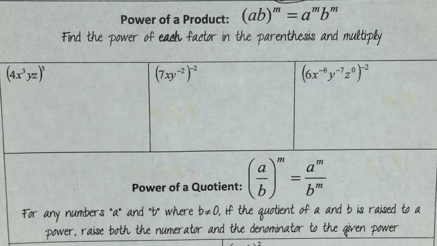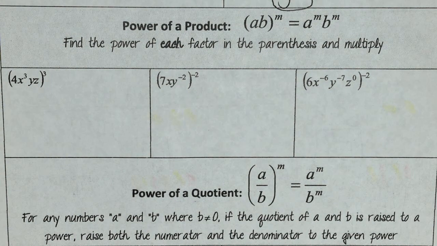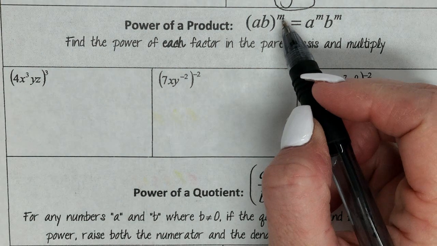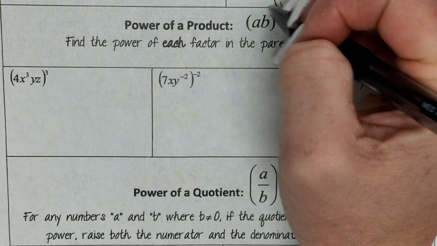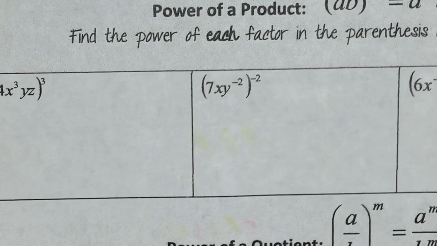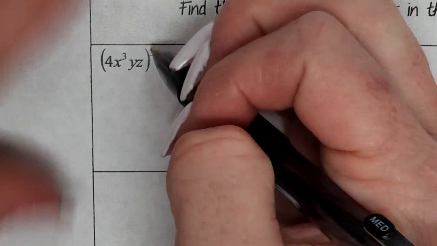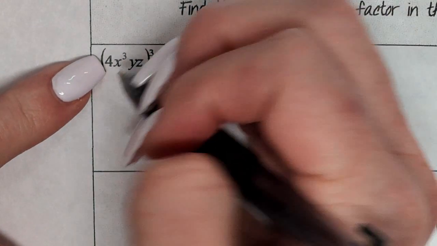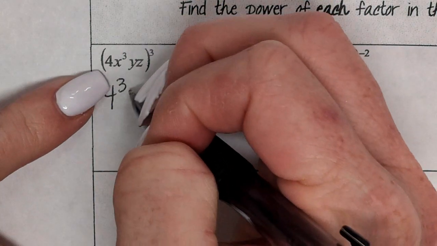Moving on, power of products. Again, if you have parentheses, then the exponent outside the parentheses gets distributed to everything inside of the parentheses. Everybody good? Here we go. This 3 is going to get distributed to the 4, to the x to the 3rd.